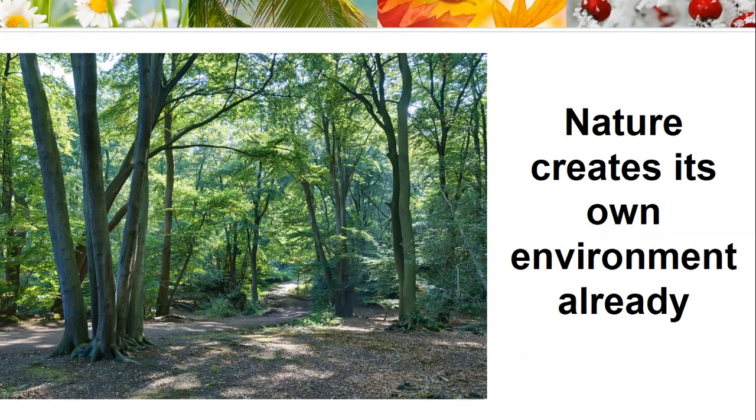So nature itself creates its own different environments. By putting certain trees and shrubs together, it'll be a lot cooler and create a different environment. So we can learn and do the same. We just have to copy nature, understand it, and then we can also start creating our own different microclimates wherever we are.